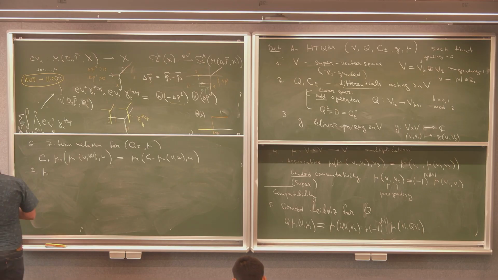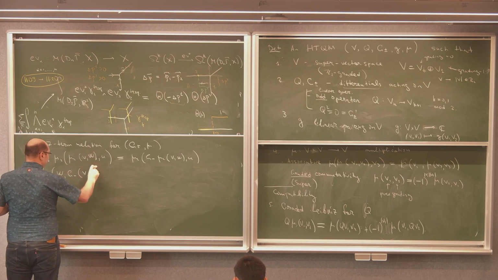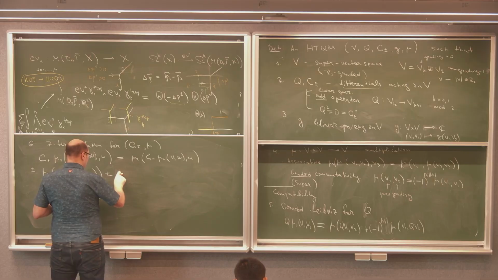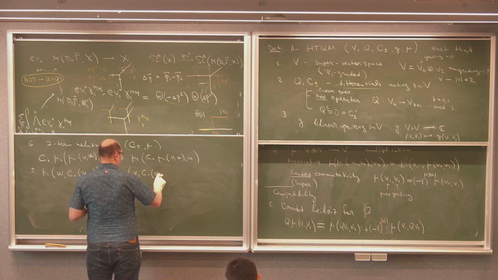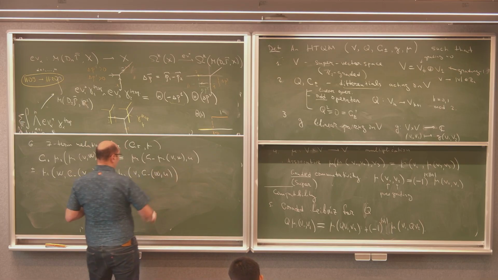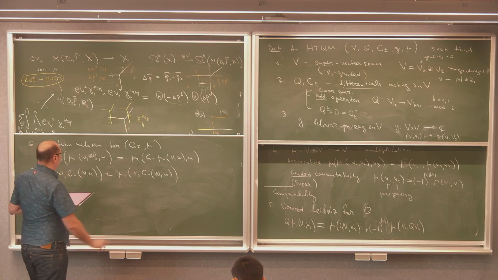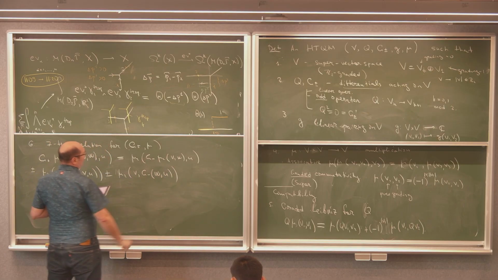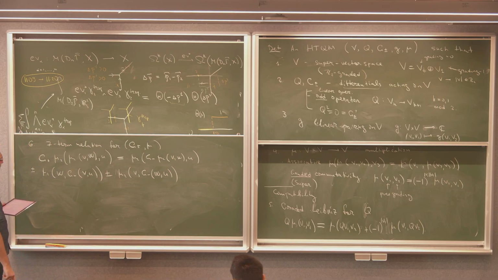This thing will be mu2 of W and G minus acting on a product of V and U. Then there's also some sign, mu2 of V and G minus on the product of the remaining pair. So in these first three terms, we multiply two of the three arguments, act on it by G minus, and multiply it with the third argument, and there are exactly three terms like this.